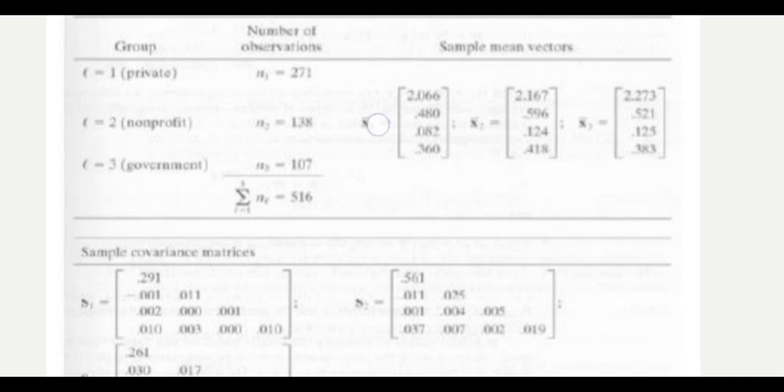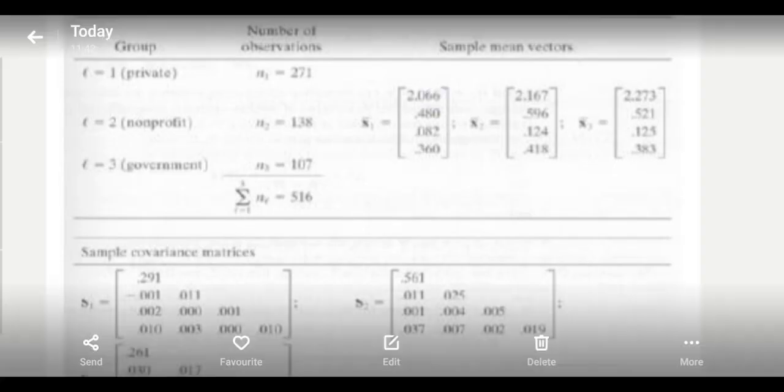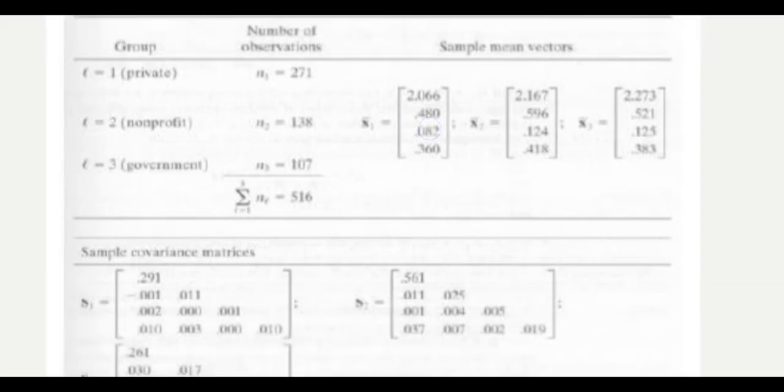Okay, so here, this part is the mean vector for the first population. So, 2.066 is the mean for the first variable in the first population and so on. Okay, we have 4, meaning there are 4 means, there are 4 variables.